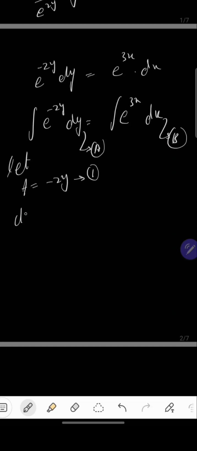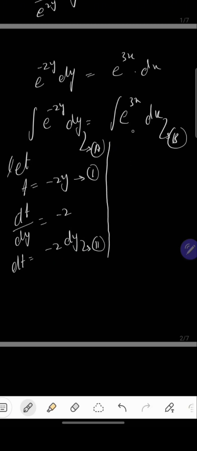Now let's apply the derivative to this t with respect to the y variable. If we apply the derivative to the right side, we will get just minus 2. So shift dy to the right side of the equality, we will get this. Let's call this equation 2. Now on the right side, let w be another variable that is equal to 3x.